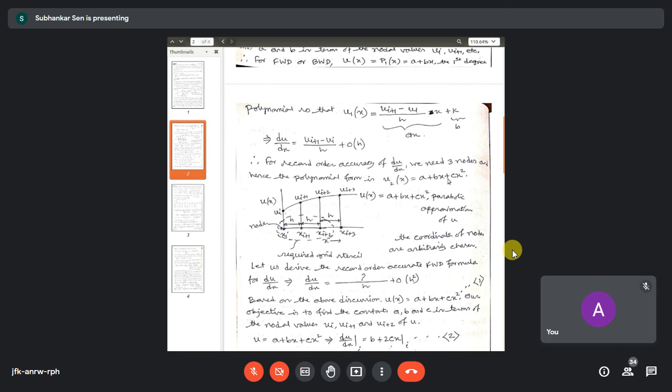Similarly for b and c also, so that when we get the final expression of du dx, at the bottom we get h for x, at the numerator for u we get some kind of linear combination of ui plus 1 and ui plus 2.